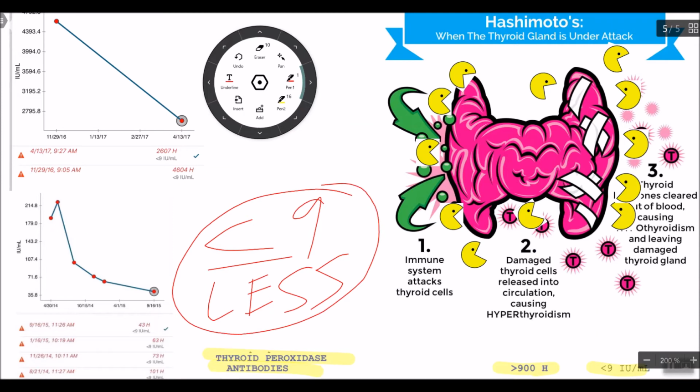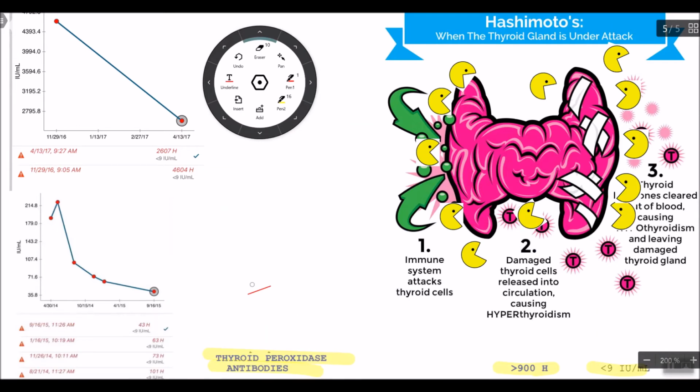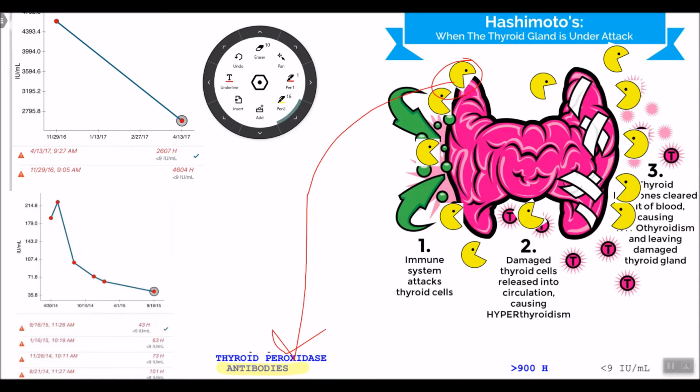So what is that exactly measuring? So let me go over what this is measuring. So when you have an autoimmune disease, now I'm specifically talking your thyroid. Your body produces these Pac-Mans, all right? These are the Pac-Mans right here. These Pac-Mans represent these antibodies right here. And again, I'm not trying to get really too technical, just simple concepts, simple visuals so you understand.